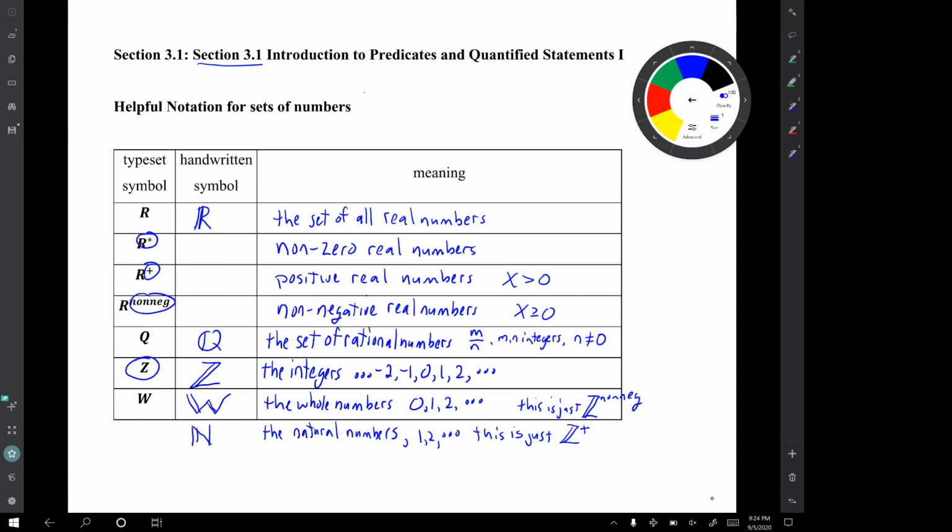And there's another set that I should have included, the complex numbers. But what we will primarily be interested in this course is this collection of sets with superscripts put on these integers and rational numbers symbols as well as the superscripts that we put on the real numbers.